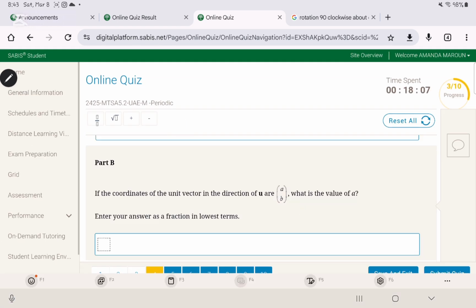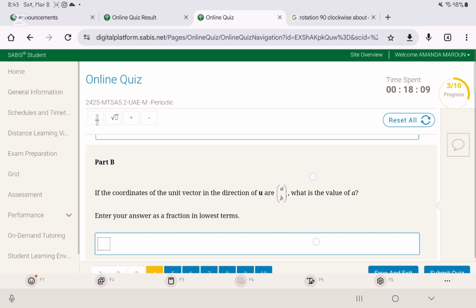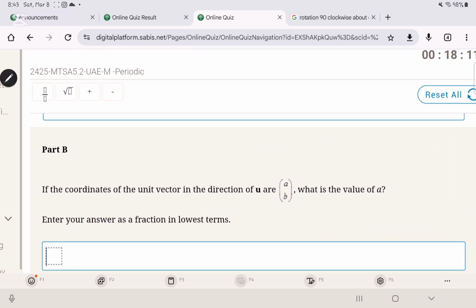Now here we come to something new. If the coordinates of the unit vector, pay attention, unit vector in the direction of u, are a and b, what is the value of a? Whenever they ask you for unit vector in direction of, or the y factor, or the x factor, or y component or the x component, what do you do?